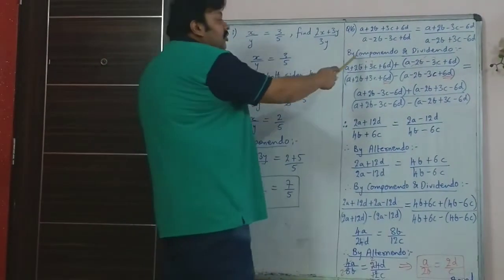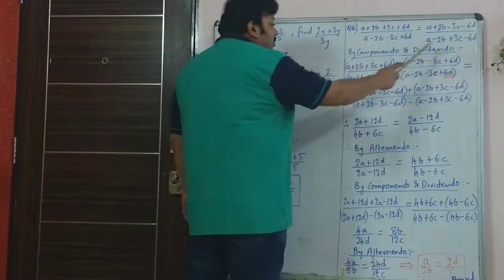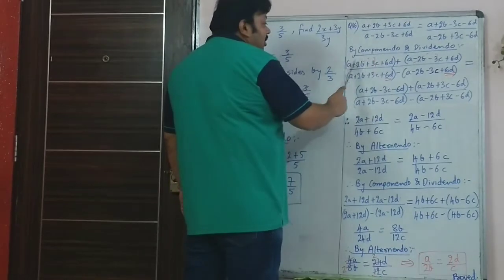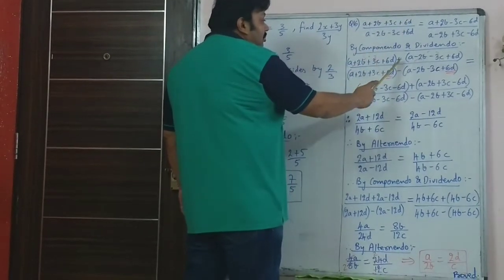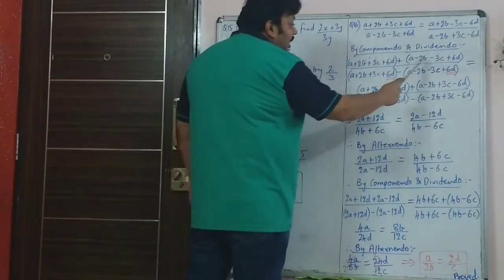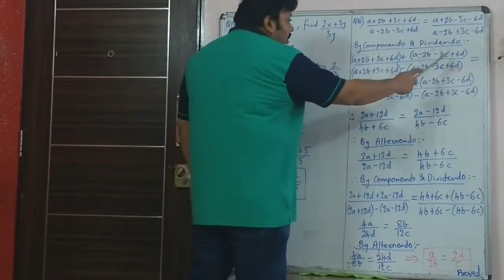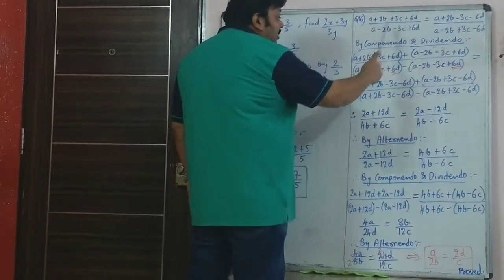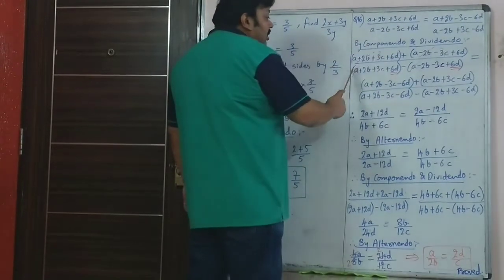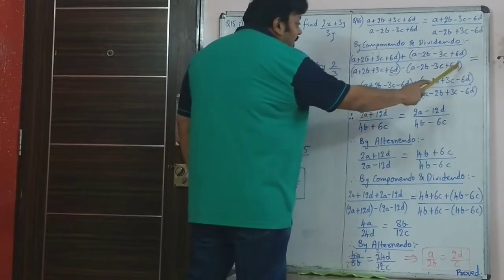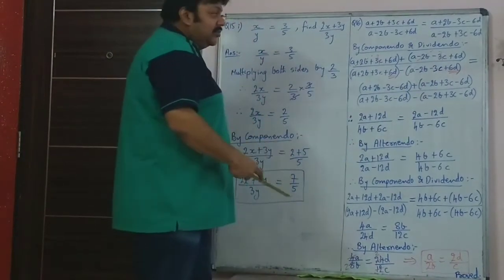So now when you do a componendo dividendo, this is your LHS, numerator plus denominator, so numerator as it is, plus the entire denominator written as it is, upon the numerator minus the denominator. So numerator as it is written here, minus the entire denominator in bracket.